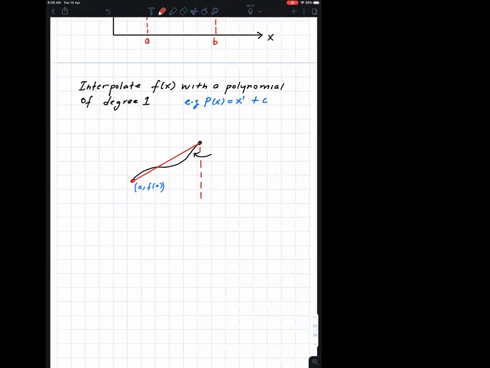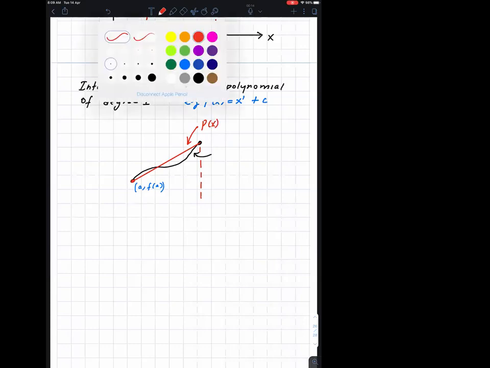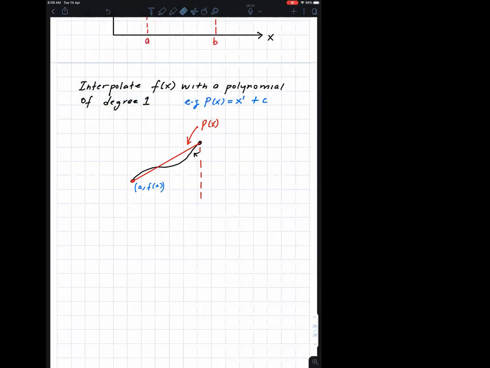I'm calling this p(x), and you are given all these endpoints, A, f(A) and B, f(B). So you know the endpoints.